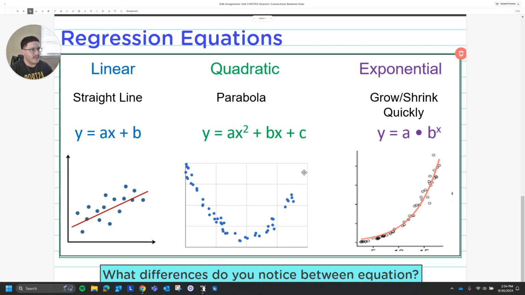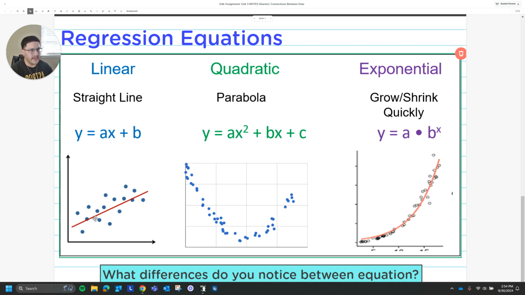And so maybe quadratic is not the best fit, because quadratic involves U shapes or N shapes, and so maybe instead we want to use an exponential regression line. The exponential regression line equation is y equals a times b to the x power, where again, a and b are numbers you're going to be replacing when you calculate the line of best fit.